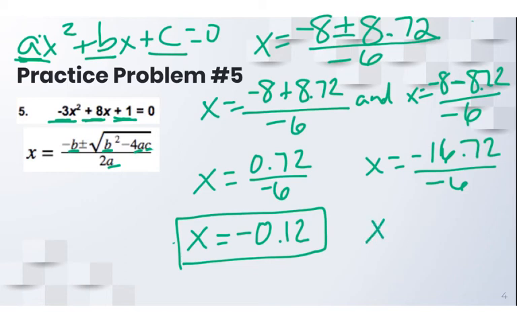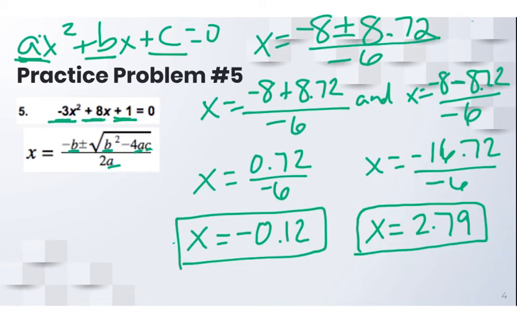And again, I get about, I'm rounding this here, I get about 2.79, right? And again, I'm rounding that. If you do it in your calculator, you should get like 2.7866666666, that kind of thing. So these are my two roots.